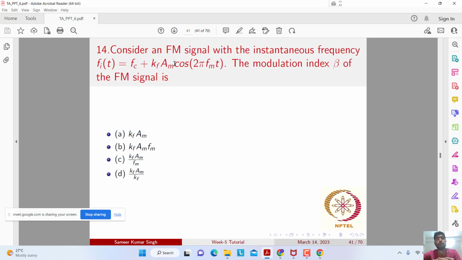Okay, question number 14. Consider an FM signal with the instantaneous frequency fi(t) given as fc plus kf Am cos 2 pi fm t. Find the modulation index beta of the FM signal. Direct formula, you already applied in the last few questions.